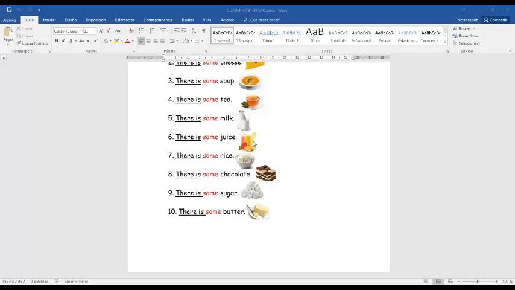There is some juice. Number 7, there is some rice. There is some rice. Number 8, there is some chocolate. There is some chocolate. Number 9, there is some sugar. There is some sugar. And number 10, there is some butter. There is some butter. ¿Ok?